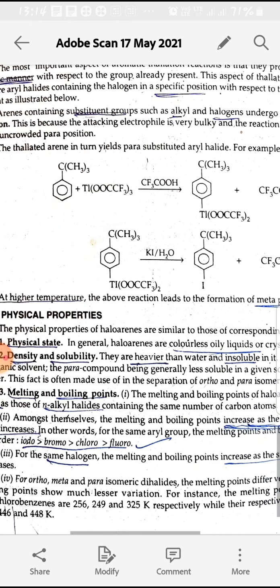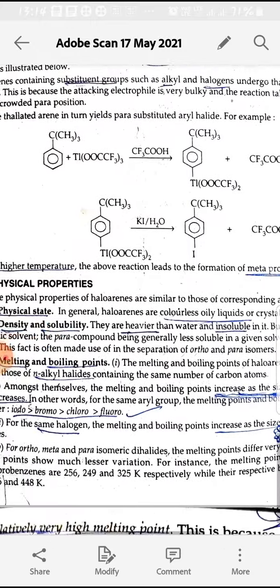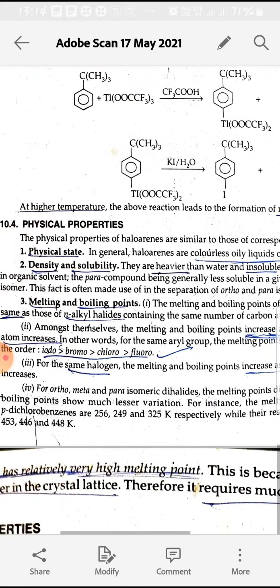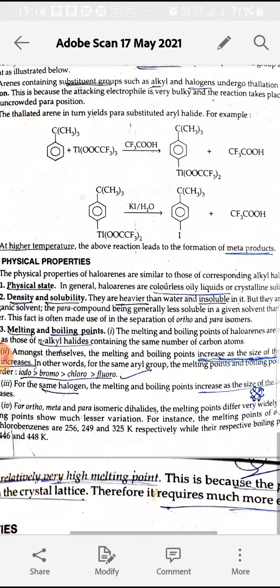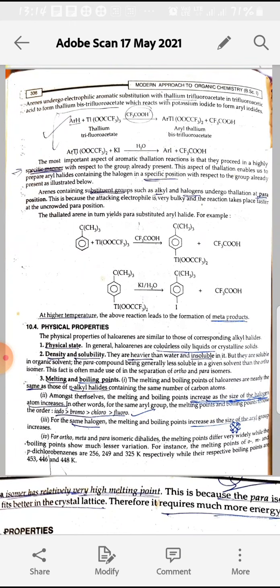Next we add KI again, and there will be formation of the para product with respect to the bulky group already present on the benzene ring. And if we do it at high temperature, then the above reaction leads to formation of meta products. So all these are the methods of preparation of aryl halides.